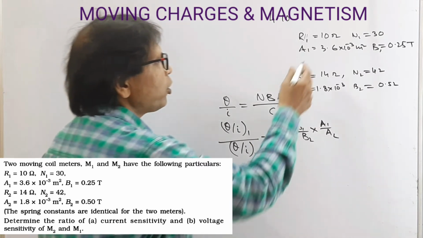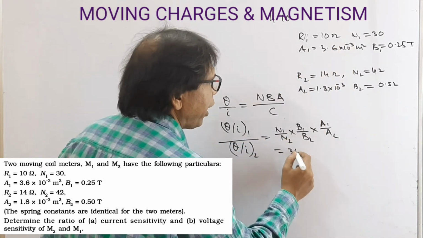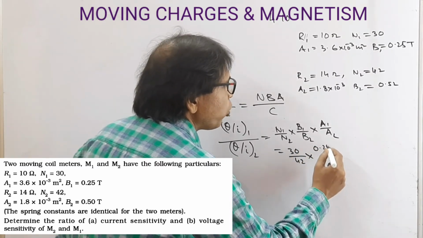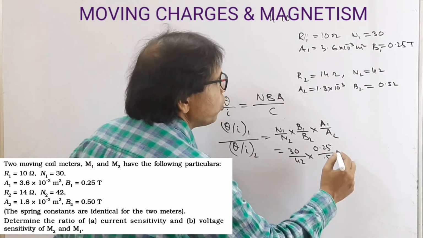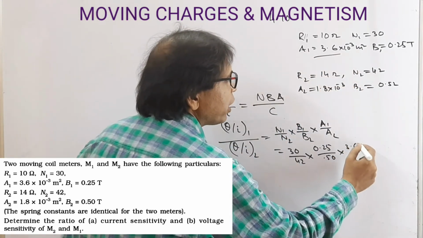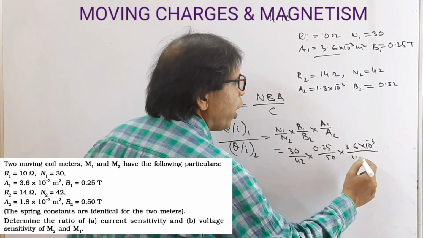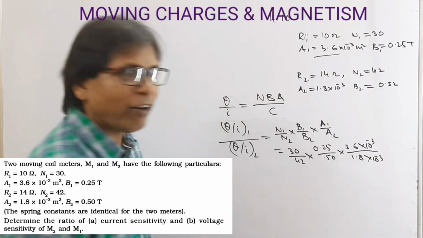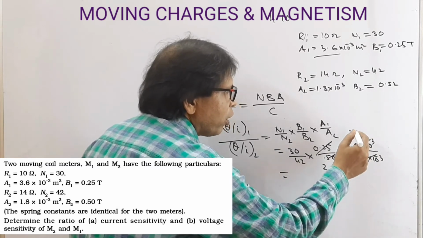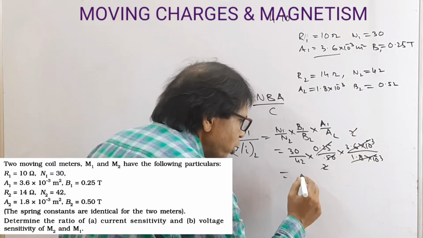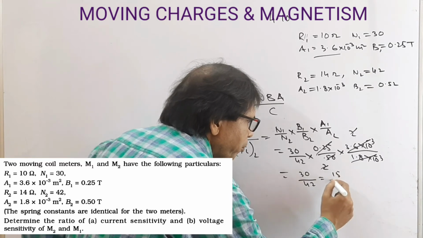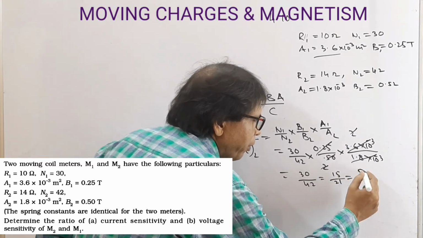Now put in the values. N1 by N2 is 30 divided by 42. B1 by B2 is 0.25 by 0.50. A1 by A2 is 3.6 × 10^-3 divided by 1.8 × 10^-3. No problem. Now, the 2 cancels out, so this is 30 divided by 42, which is 15 by 21, which is 5 by 7.